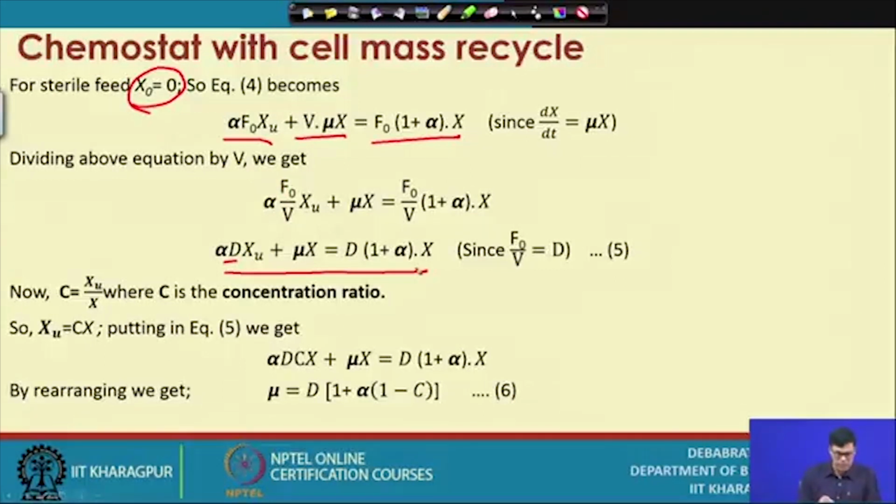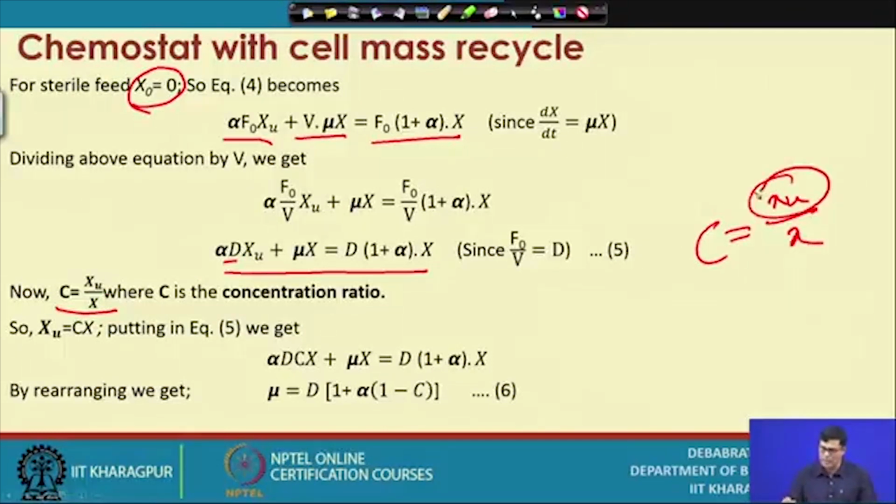Now, we can assume C equal to XU by X. Now, XU is the settled cell mass concentration, am I right? And X is the cell mass concentration in the reactor under steady state.